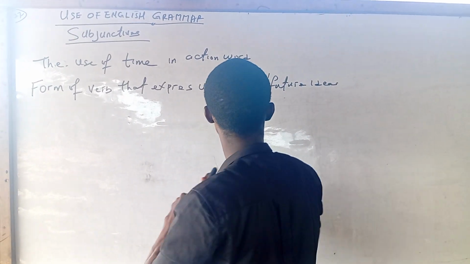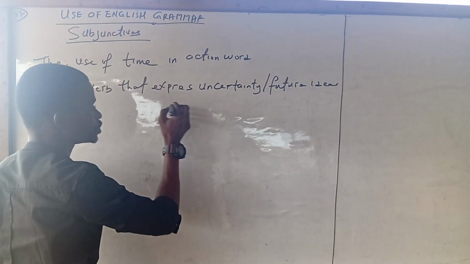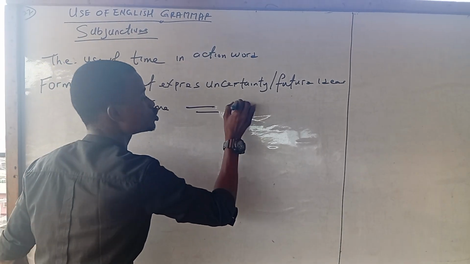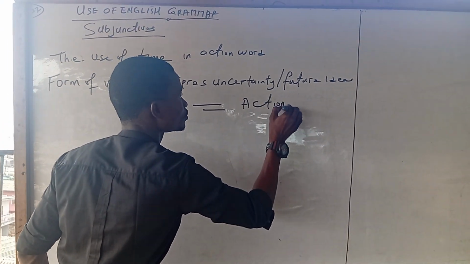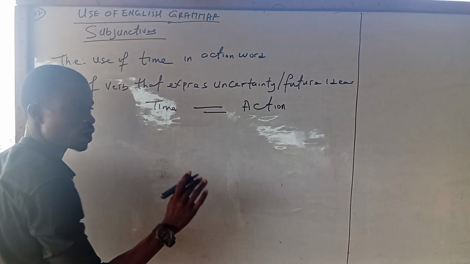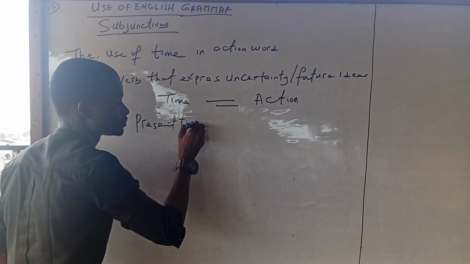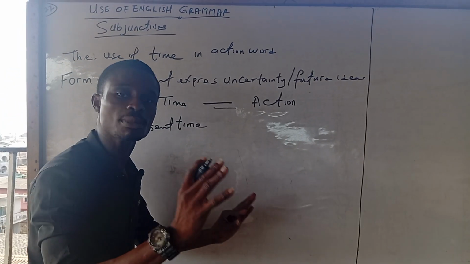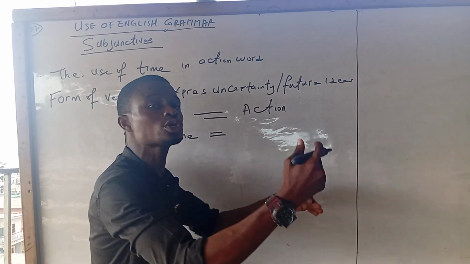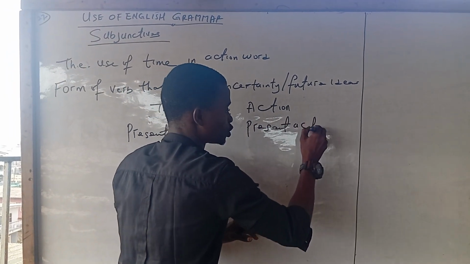So let me start with this. Now, when we talk about time and action, watch this. There is time, which is equal to action. From this place, I said the use of time and action. So if you have a present time, according to the normal law, you should use a present time with a present action.